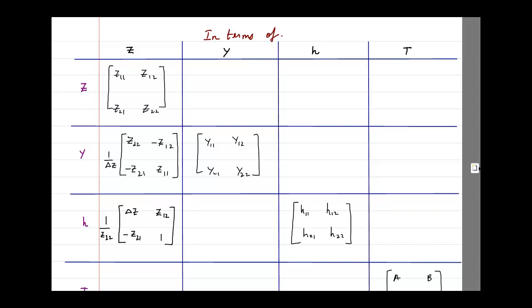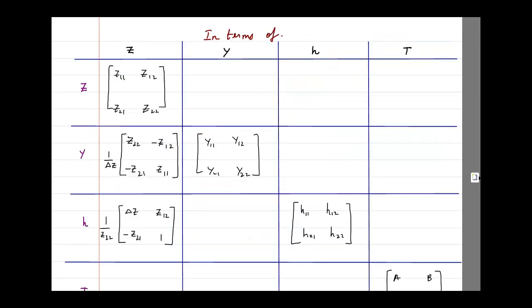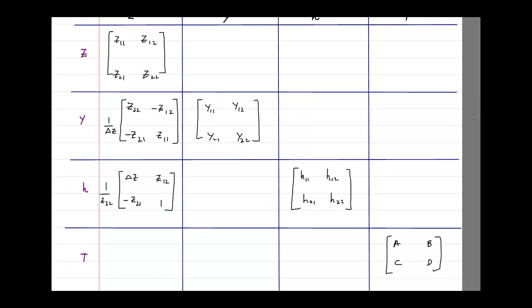Okay, this is the same that we have just now found, correct? So like this, we have got what is going to be Z parameter. So if we know Z, we will be able to find out H. Now similarly, next we have to do for the last one, which is the ABCD parameter in terms of Z parameter.